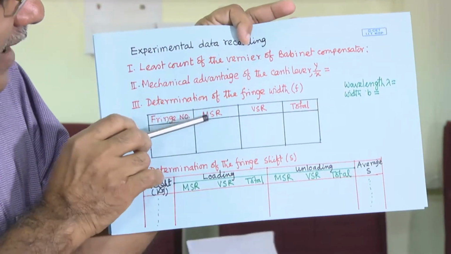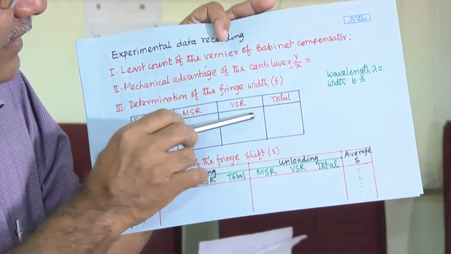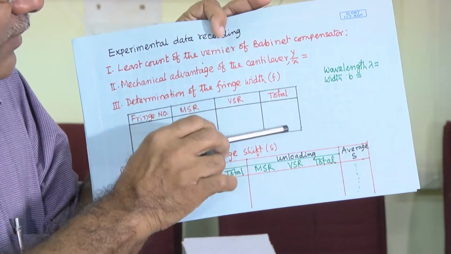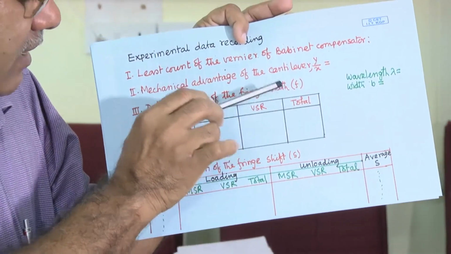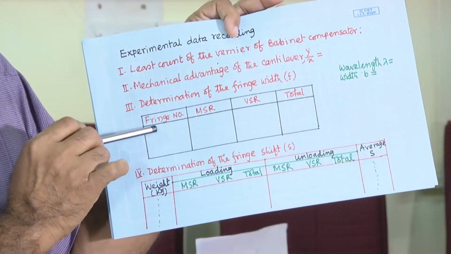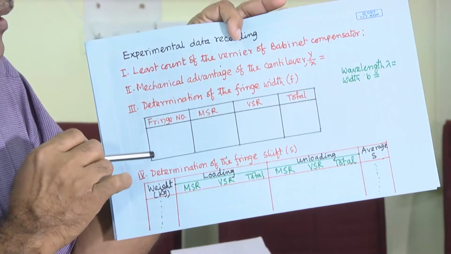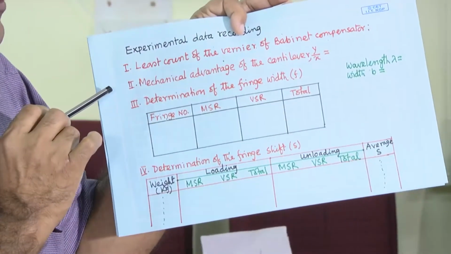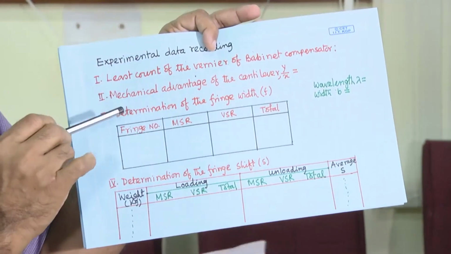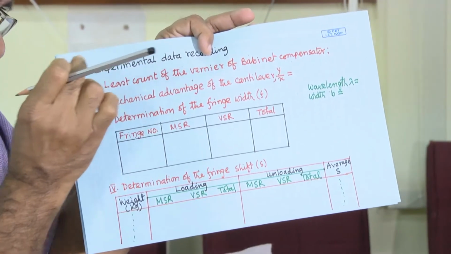So, main scale reading, vernier scale reading, and the total reading. Here you are getting the reading of each position of the fringe.